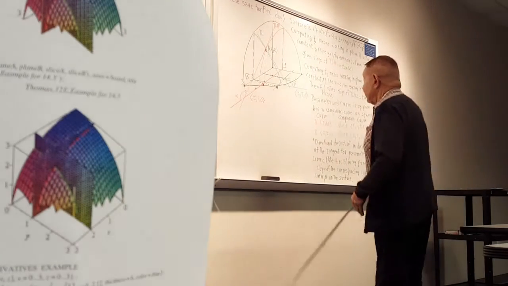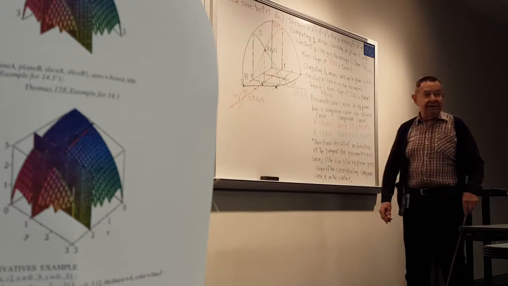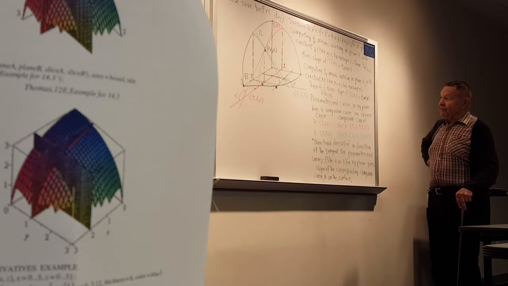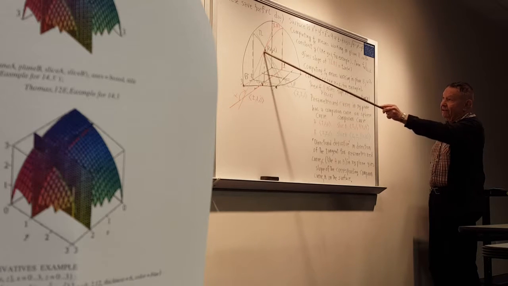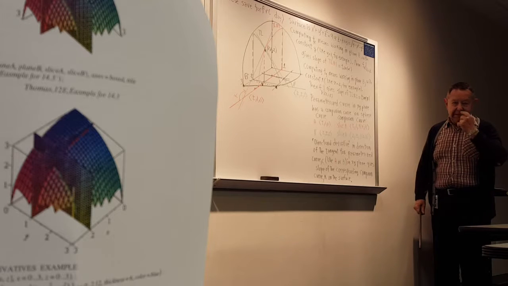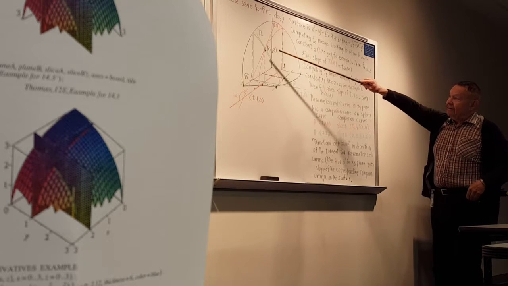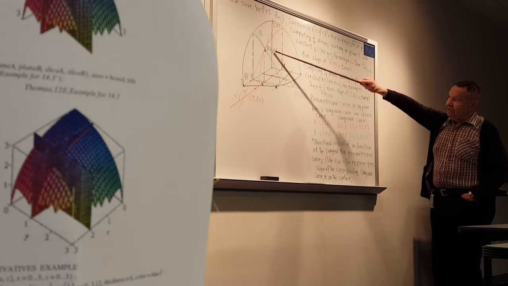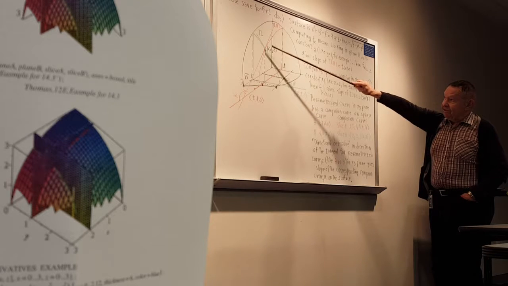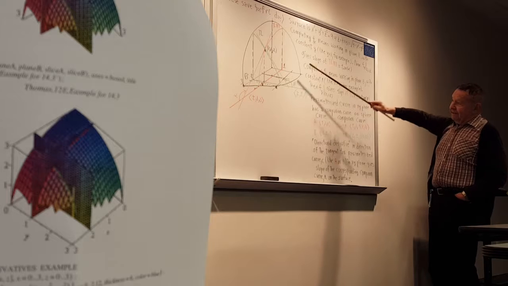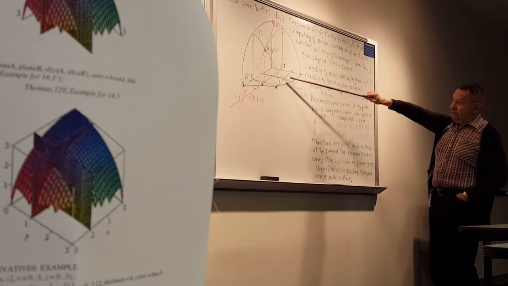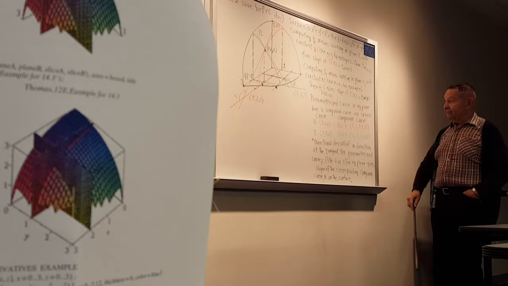In the same way, if I wanted to talk about the partial derivative with respect to y, I'm thinking of slicing into my surface with the plane in green that I've called plane B in the notes, and at a particular point that's on the surface, such as this one, I can talk about the slope of the tangent line that is tangent at that point, and that number would be the tangent of the angle beta that's over here.